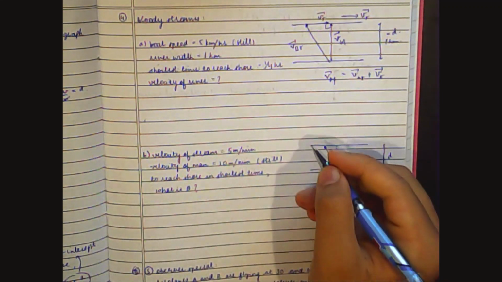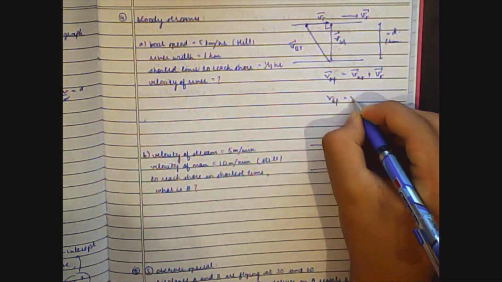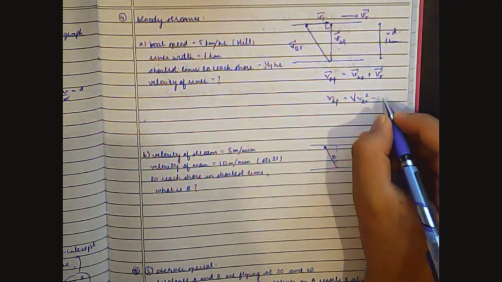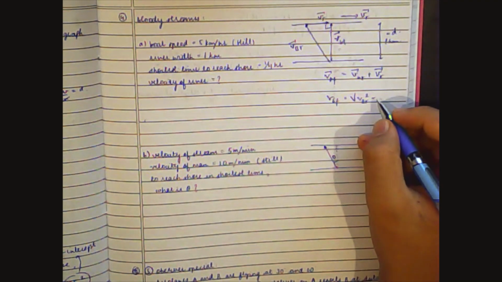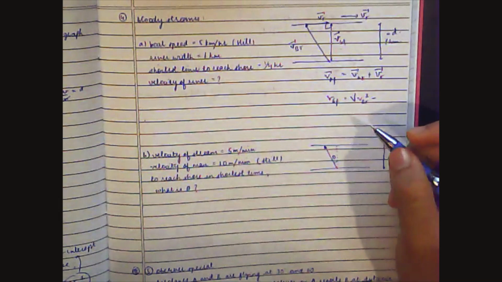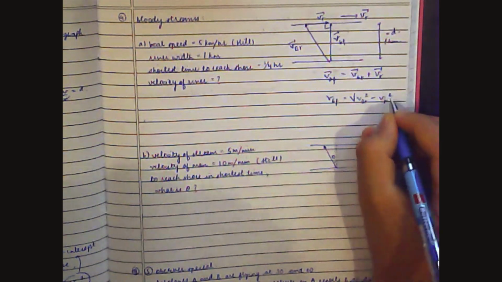Now this is a 90-degree angle. Therefore, this means that VBF equals root of VBR square minus VR square, right?